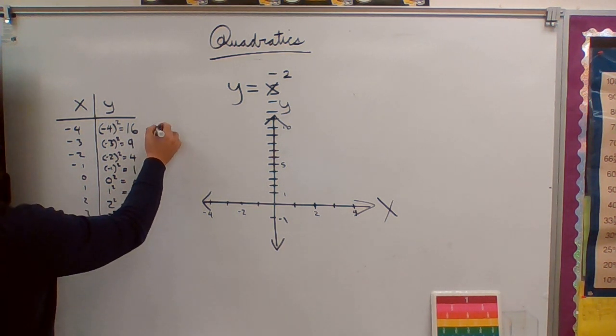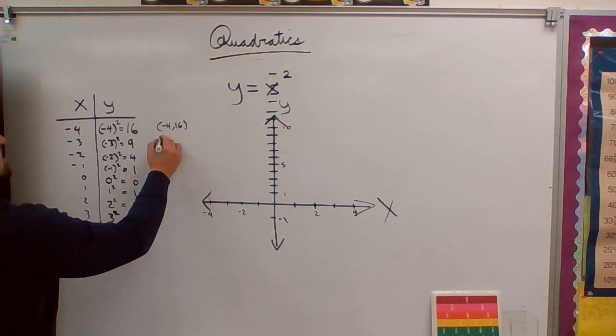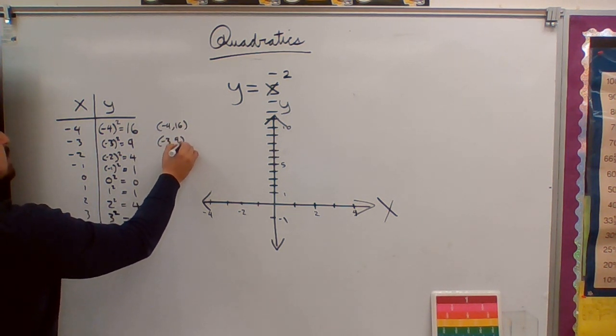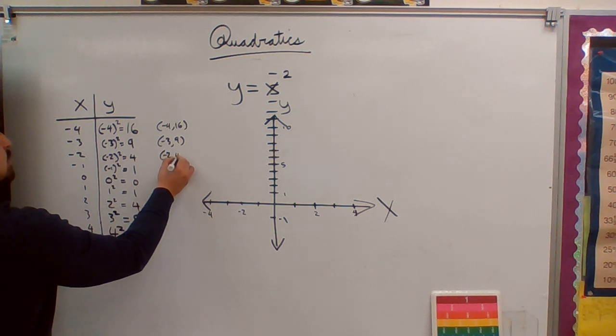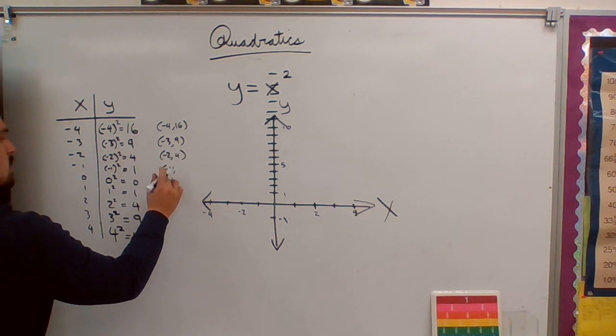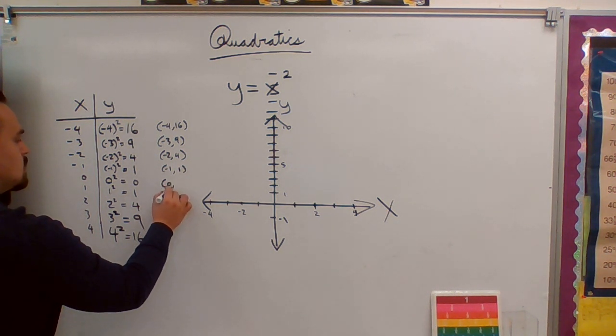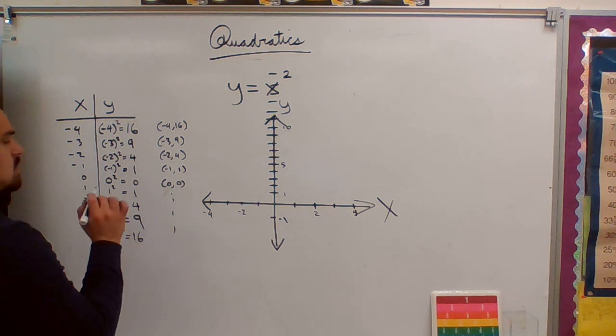So this first one is going to be -4, 16. This next one's going to be -3, 9, then -2, 4, then -1, 1, 0, 0, so on and so forth.